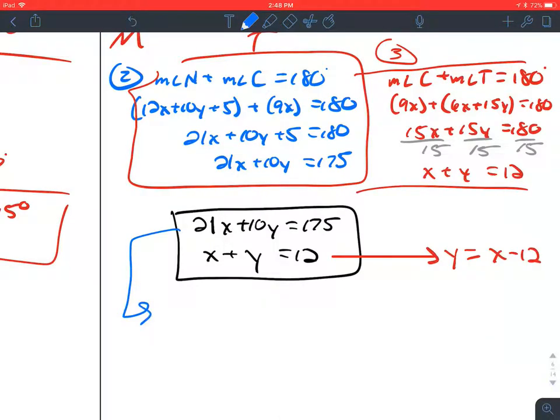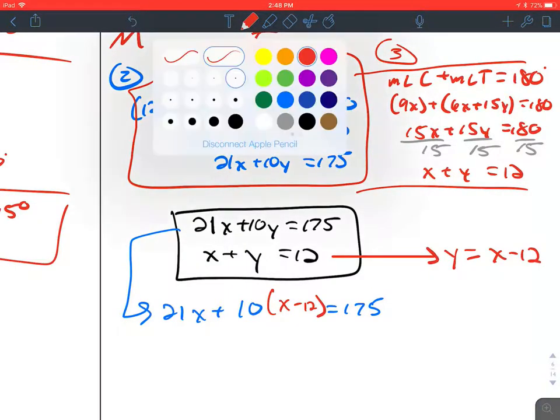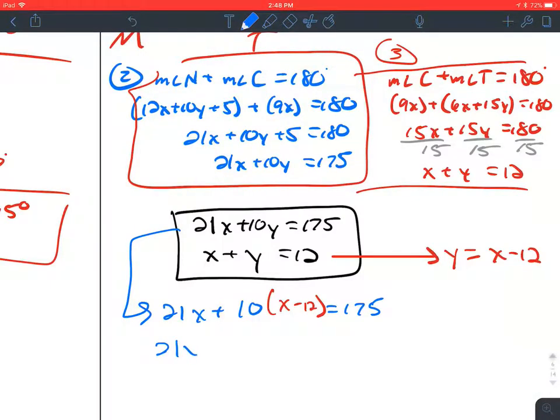Take another equation and replace the x in it, pardon me, the y in it, with an x minus 12. If we simplify this, we're going to get 21x plus 10x minus 120. Remember, you're distributing the 10 to both terms inside of there.